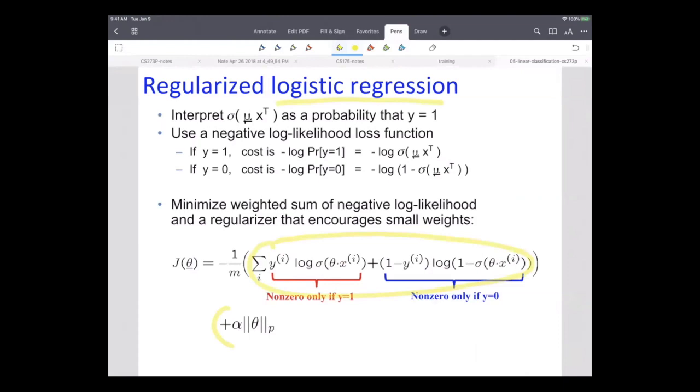Then you can add a regularization term to the loss function. The regularization term encourages you to make the parameters smaller, because when you minimize this overall loss function, you don't only need to minimize the so-called data term. This is usually called the data term, and this second term is the regularization term.